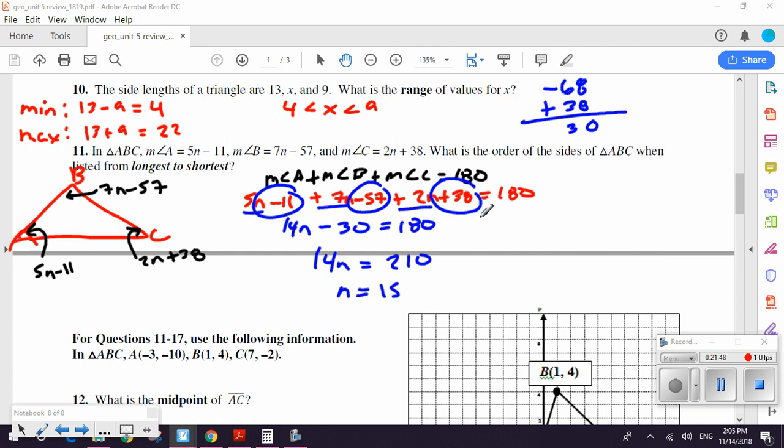Now that I know what n is, let's find the actual value for each angle. So the first one, A, is 5 times 15 minus 11. 5 times 15, that's 75. 75 minus 11 is equal to, brain fart, sorry y'all, 64.